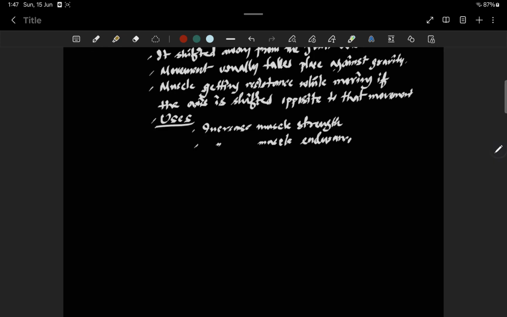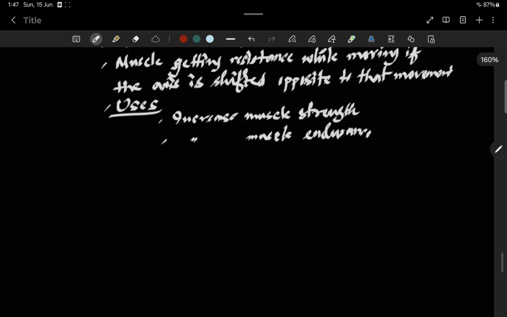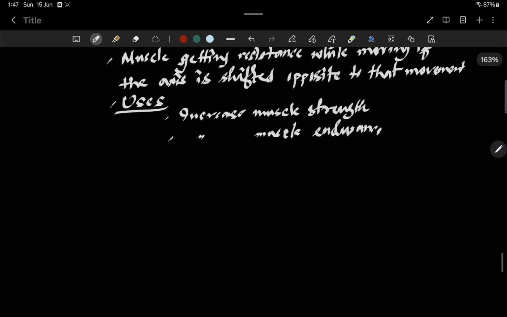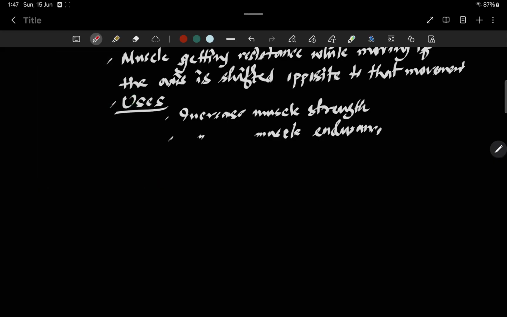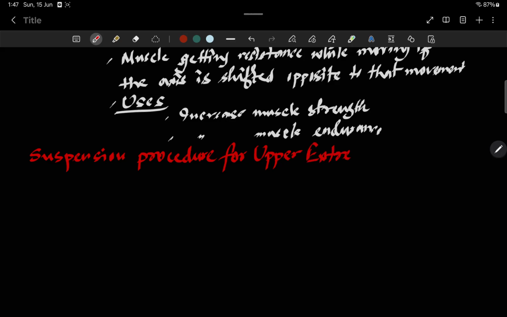Next we are going to study the suspension procedure for the upper extremity.